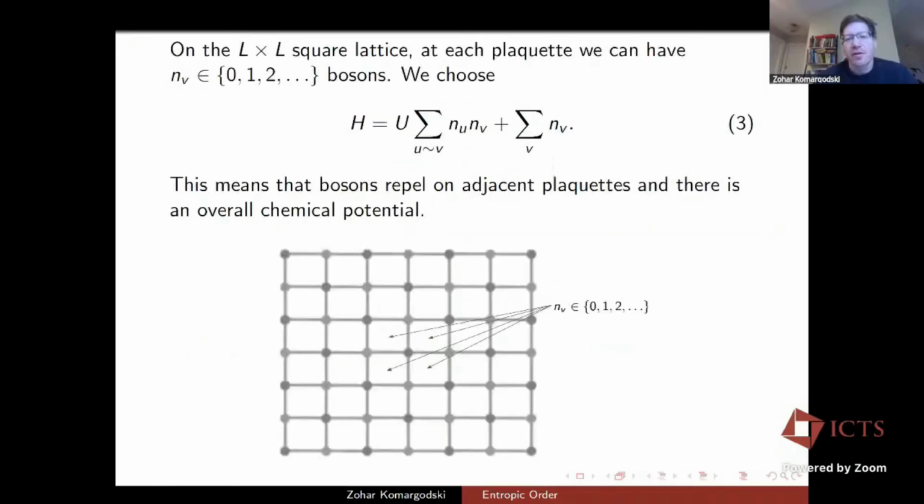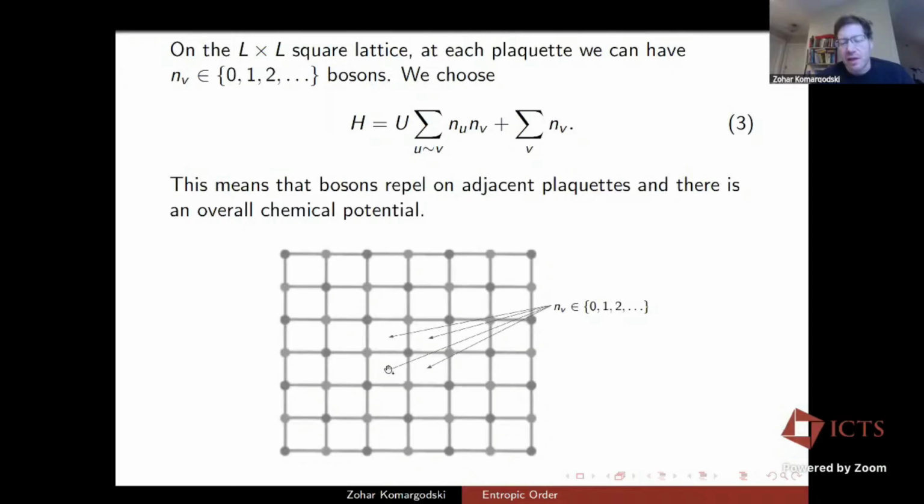Okay, so here is the main model that I wanted to show you first. It's the main model which shows that high entropy is not equal to disorder. So you can have order and high entropy at the same time. So we start from an L by L rectangular lattice, just a square lattice.